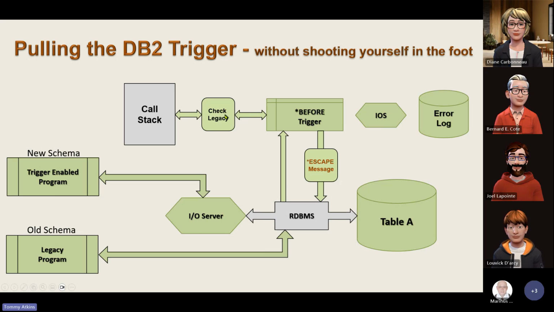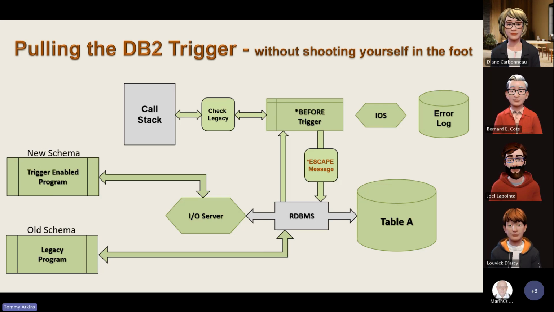In my chasing this thing around to find a solution, this is by far the simplest method. It doesn't require any additional parameters. It doesn't require any fancy coding or anything else. It's quite simple. When you fix a program, you move it into the new schema, the fixed schema. The check legacy then decides and returns an indicator to the trigger to say, yes, it is a legacy, or no, it isn't.